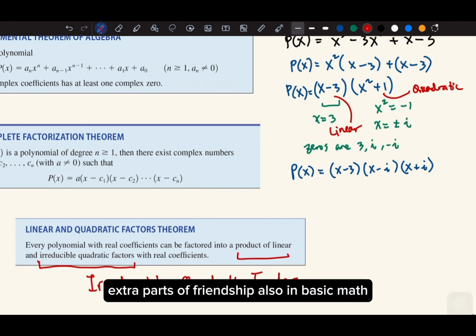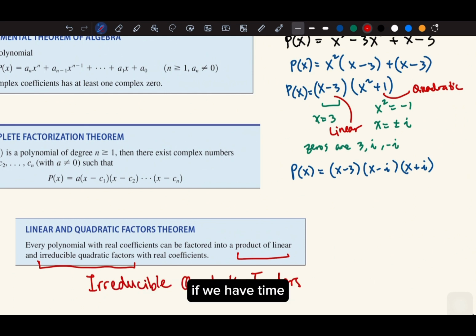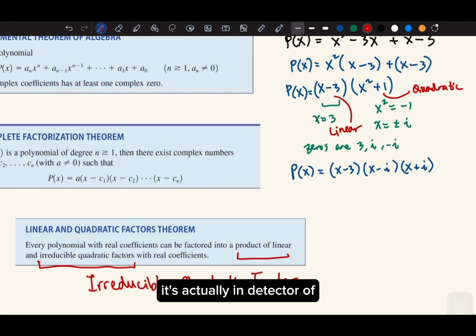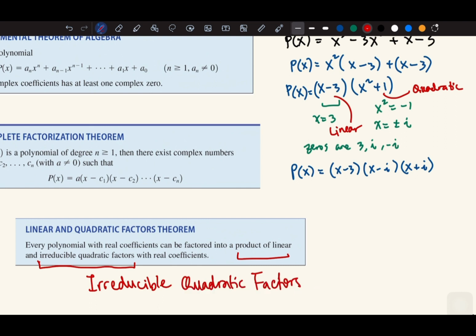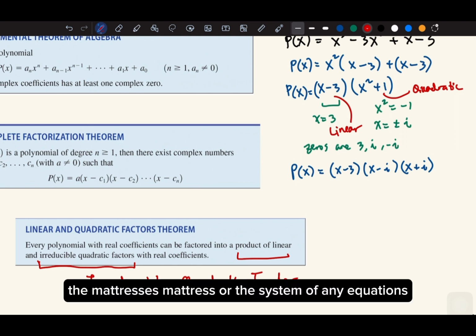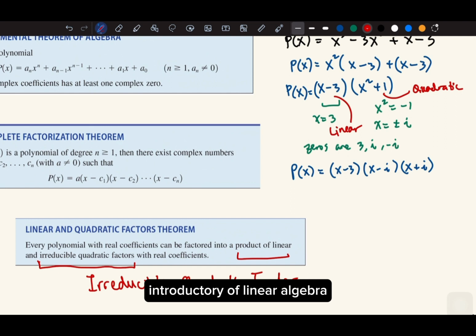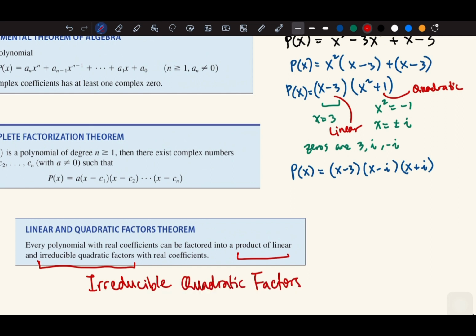Actually, partial fractions also appear in basic math, if we have time. I mean, in the whole course, if we have time, we can also get into partial fractions, which is actually in the chapter of matrices, or the system of linear equations. It's like an introduction to linear algebra.